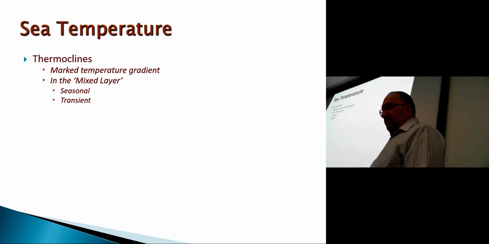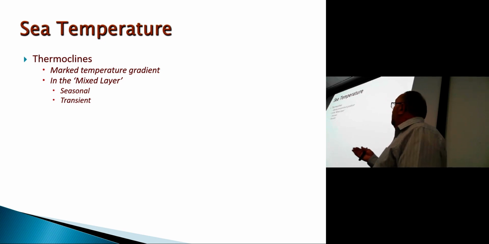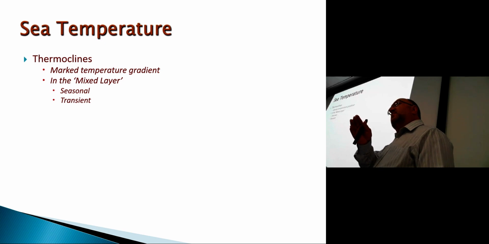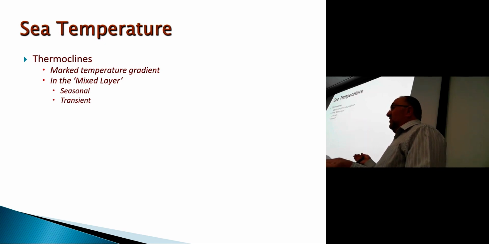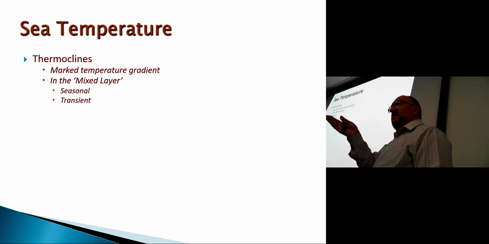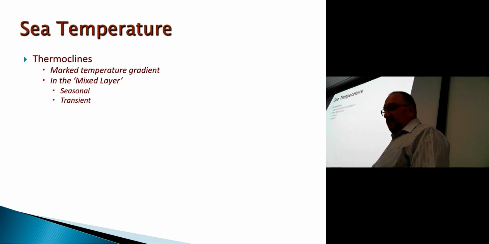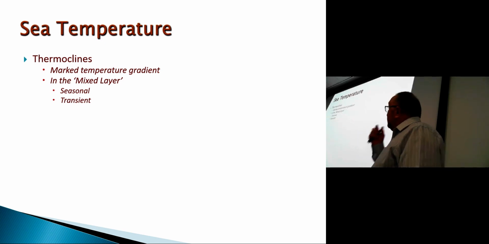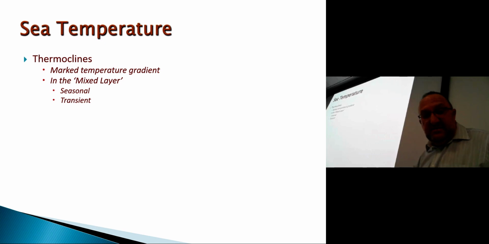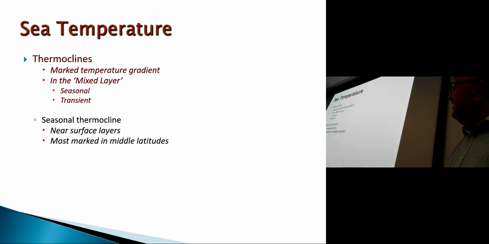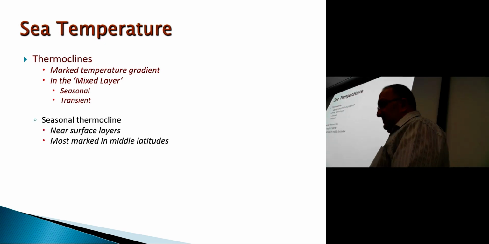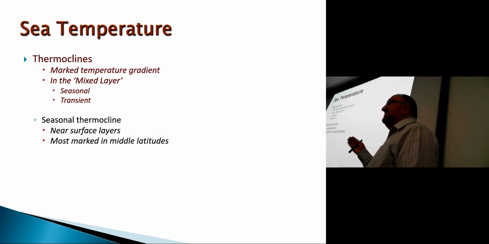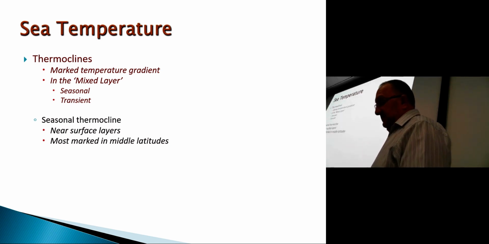So you have a seasonal timeline from winter through to summer, and the waters will gradually get warmer and warmer, obviously, but that introduces a thermocline near the top layers. So that thermocline starts in spring, increases and becomes more active in the summer, and then declines through the winter.